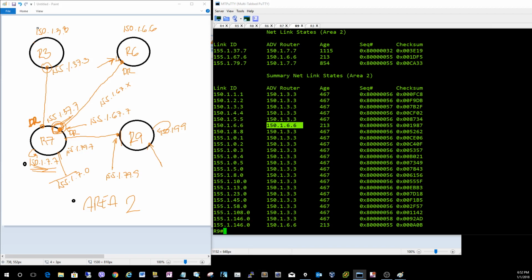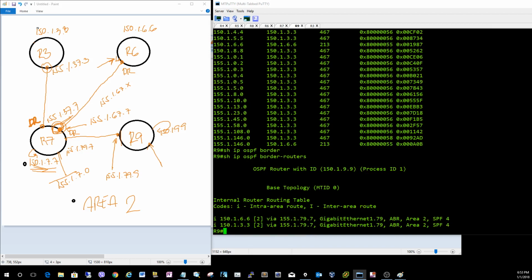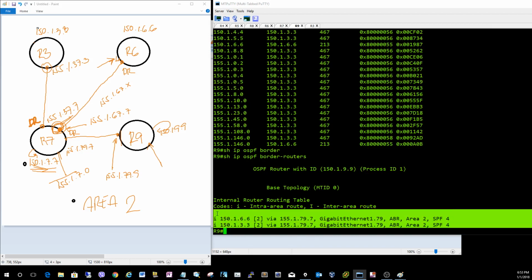Okay, another command that will be useful would be show IP OSPF border routers, and that's going to tell you what the border routers in my area are.